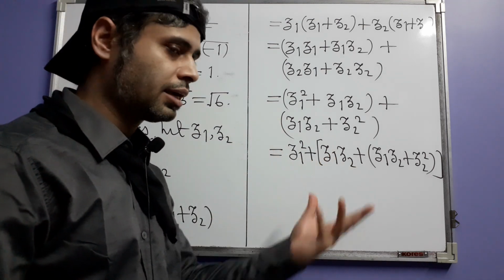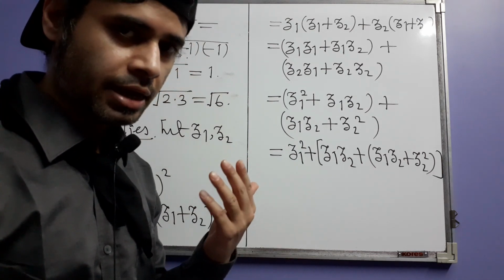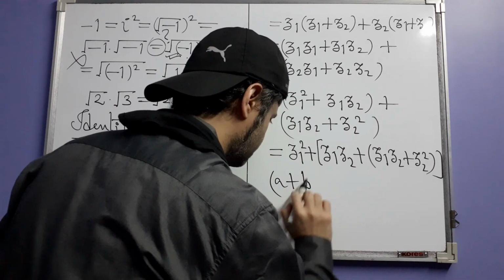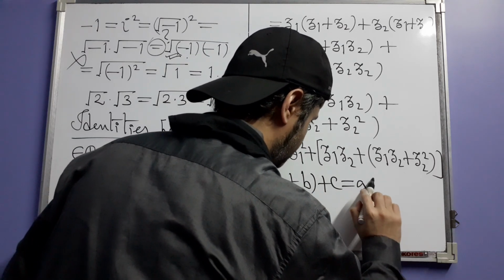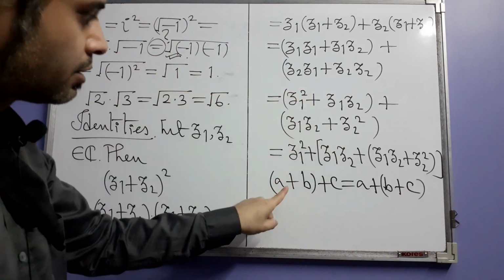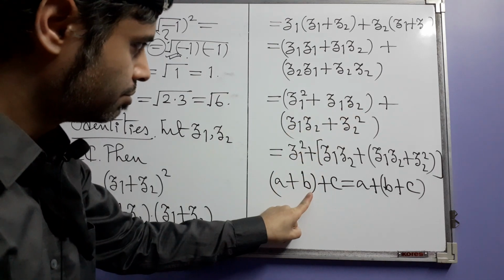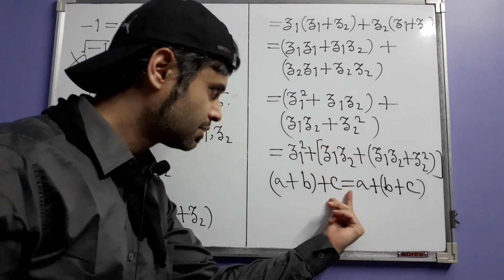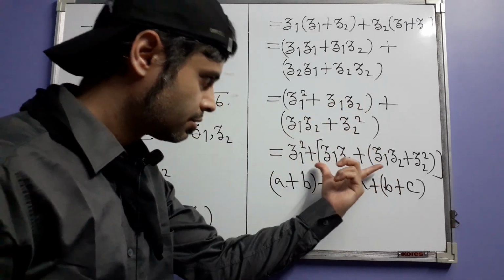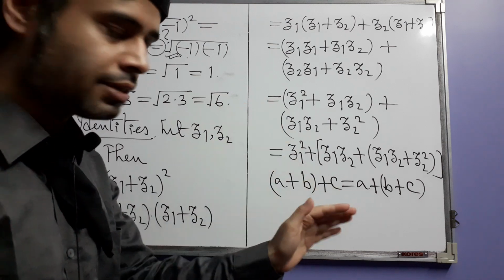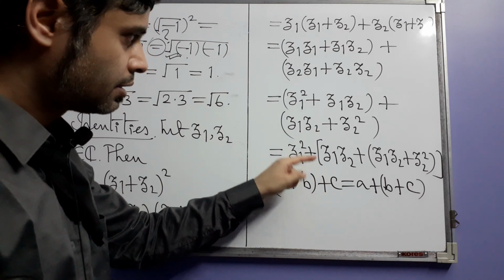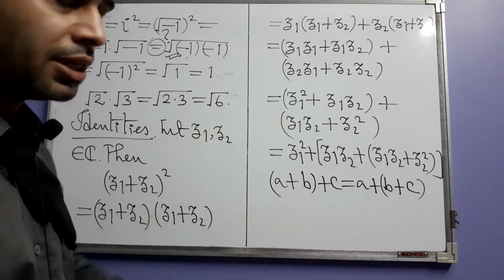Here I have used the fact that complex addition is associative. That is, this is what I have used: A plus B plus C. Think of Z1 squared in place of A, Z1 Z2 in place of B, and this entire thing in place of C. So you can add this B to C together, and to that sum you can add A. If you do so, you are going to get the same thing that you will get here at the previous step.